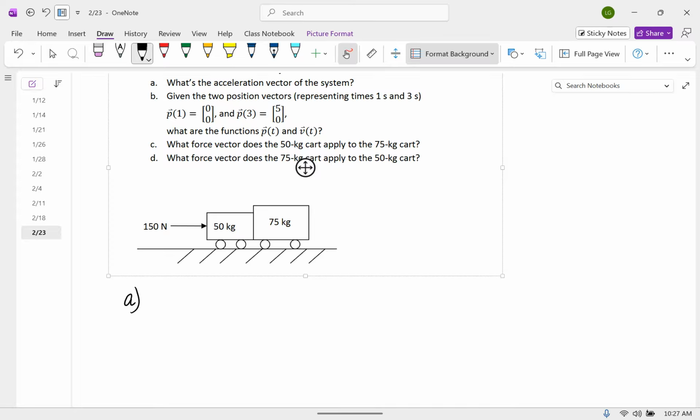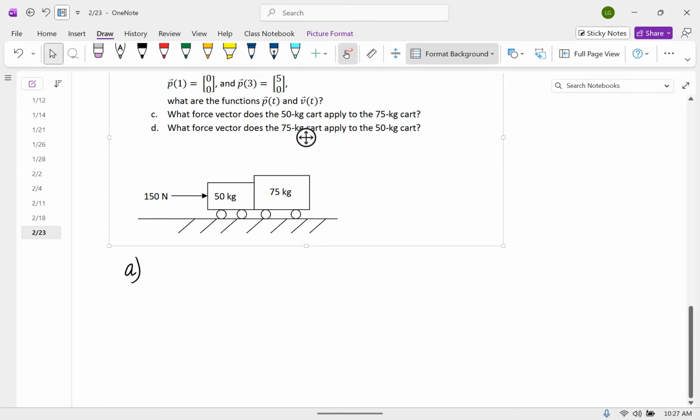Let's do that actually, because I think it's a good habit to get into for the stuff that's coming in dynamics. So I'm going to do a free body diagram of the 50, use Newton's second law, free body diagram of the 75, use Newton's second law, solve it as a system of equations, and then our answers for A, C, and D will all be sort of given in there.